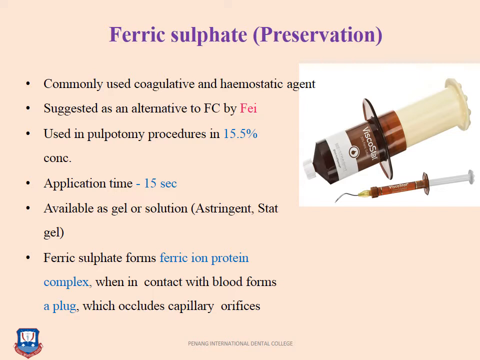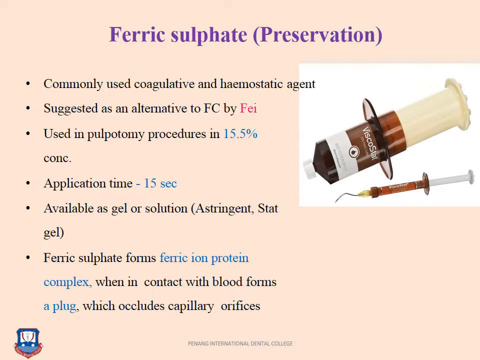The application time is less than that of Formocresol. The application time here is 15 seconds only, while that of Formocresol was 4 minutes. It is available in solution form or gel form. And what is the mechanism of action of ferric sulfate?